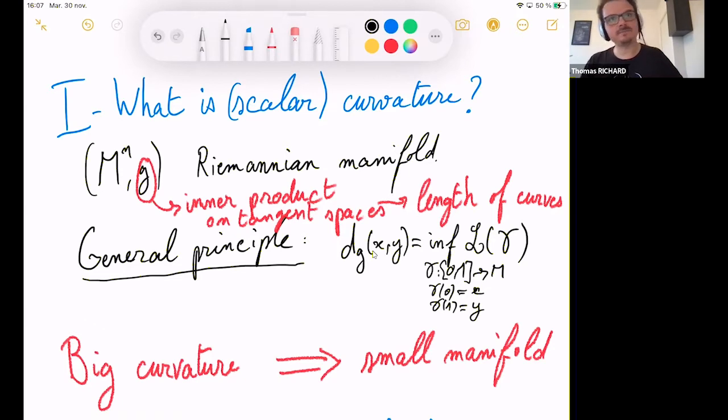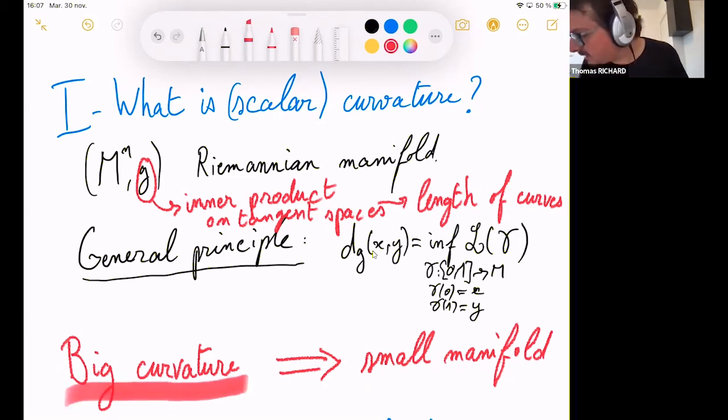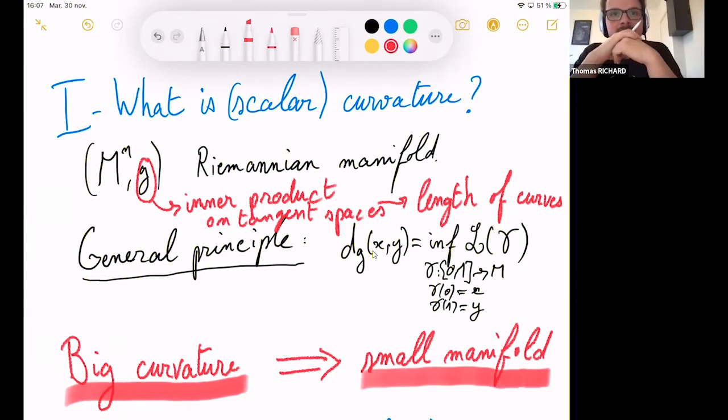And so, just like curves in the plane, Riemannian manifolds have curvature. One of the difficulties of the topic is that they have many different curvatures. But the general principle is that if you have big curvature, then you tend to be small in some sense.